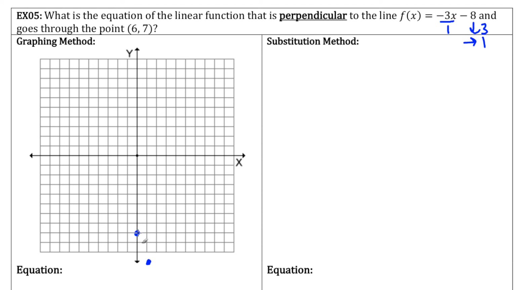Probably something's going to be over here, so let me just go backwards. Okay, good enough. And it goes through 6, 7.